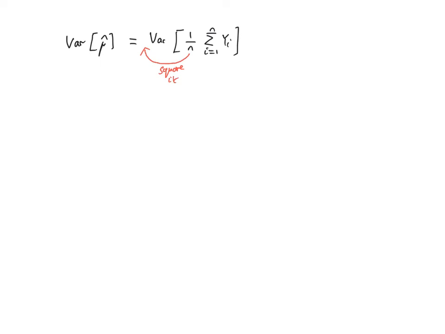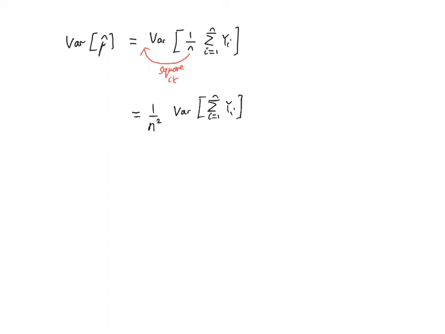So it's defined in terms of a square, and then when we take out the constant, we have to take notice of the fact that the square is in the variance definition, and so we have to square it. So this variance here is 1 over n squared, the variance of sigma i equals 1 to n yi.